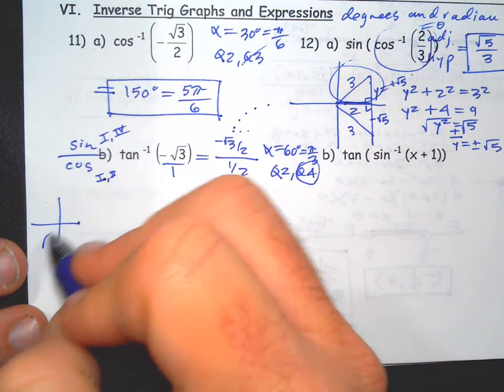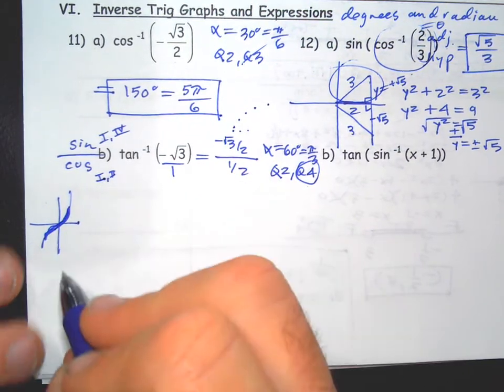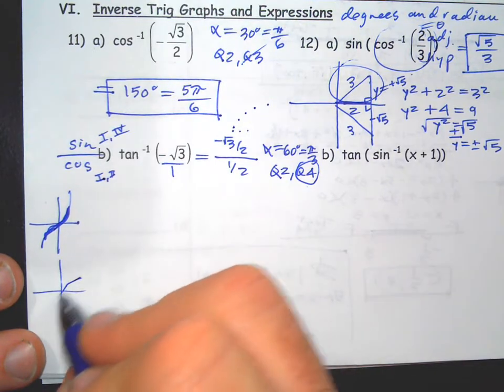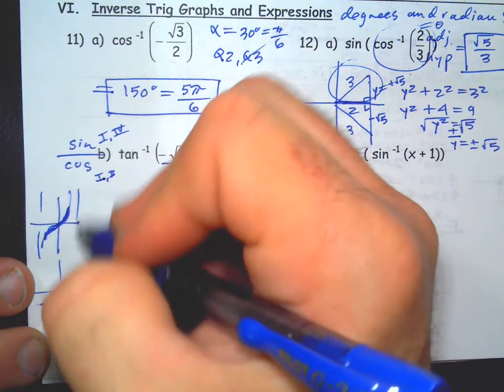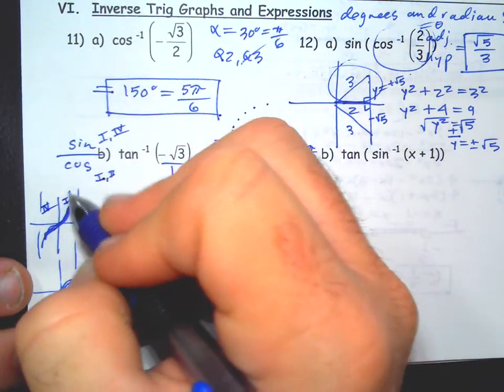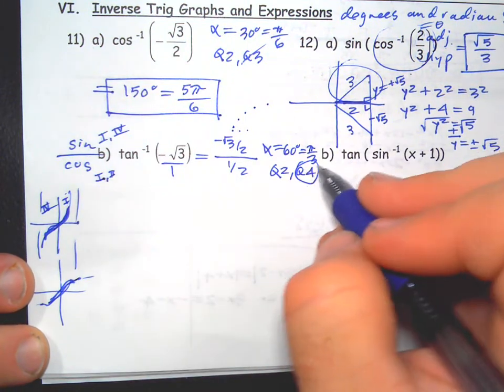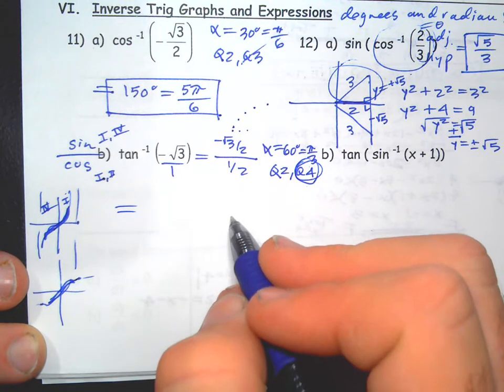Tangent looks like this. And we use this chunk of the graph. Inverse tangent looks like this. We're using that middle band. So we're using quadrant 4 and 1. That was a little hard. Yeah, it's quadrant 4. Okay, so quadrant 4 now. Here's the deal. This is what some people do.